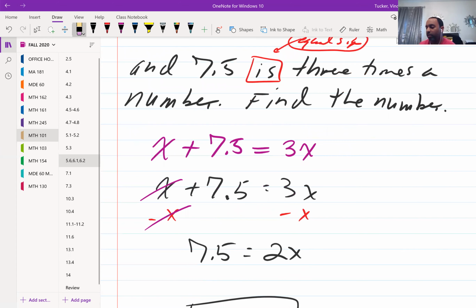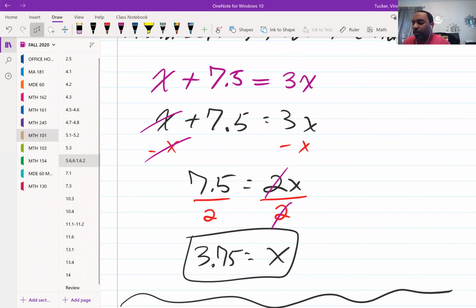On the left, we were left with just 7.5. To finish it off, we divide both sides by 2. And x is equal to 3.75.